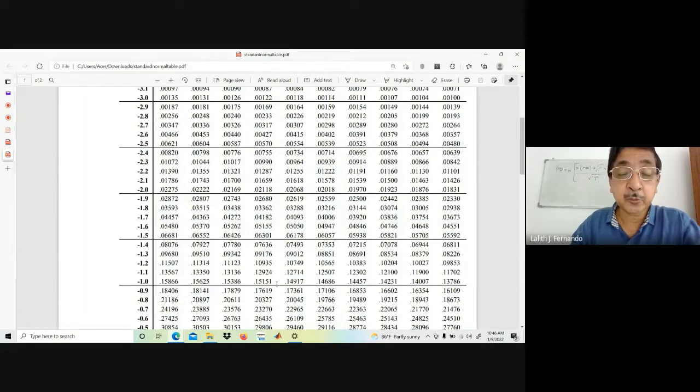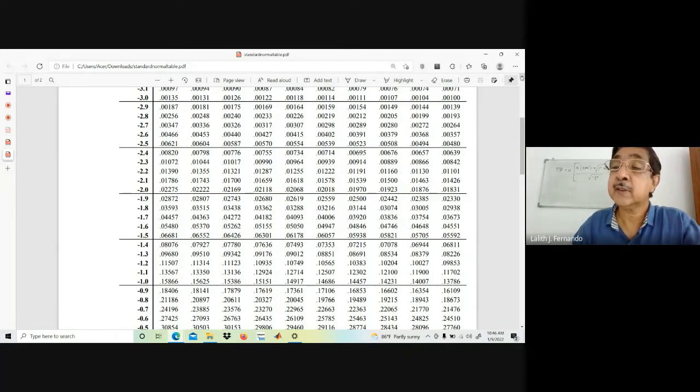So how can you get the answer? You can see this particular line represents minus 1. This is the score for that. Minus 1.0. But when you take this, what is this?